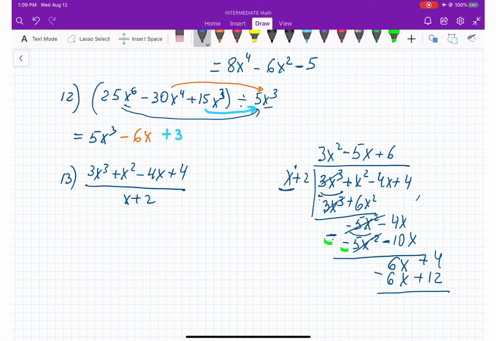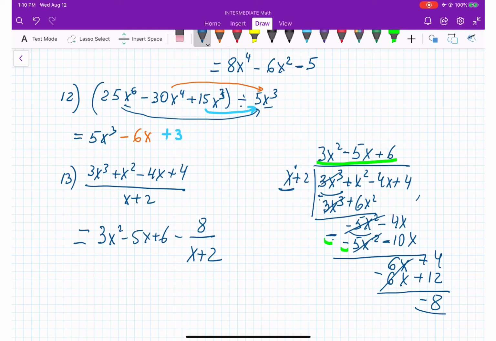And when we subtract, this is gone, and 4 minus 12 is negative 8. Negative 8 is the remainder. So the answer is going to look like this: 3x squared, this is all the whole number we get. So 3x squared minus 5x plus 6 and minus 8 yet to be divided by x plus 2, because it's a remainder. We couldn't divide.